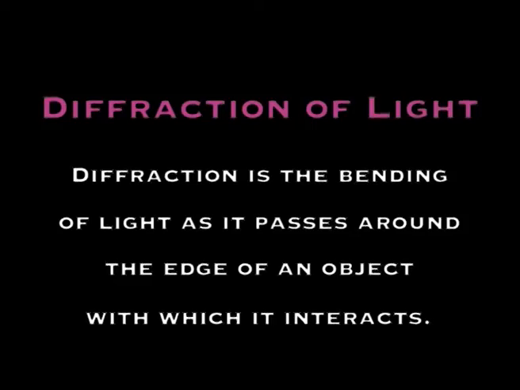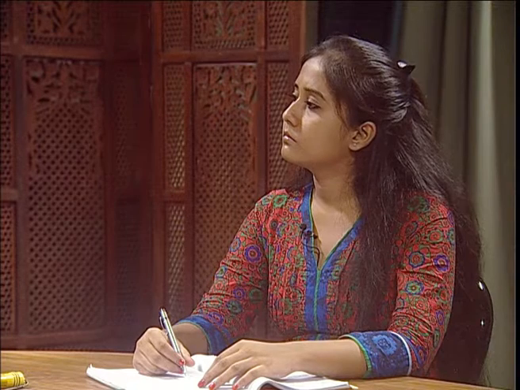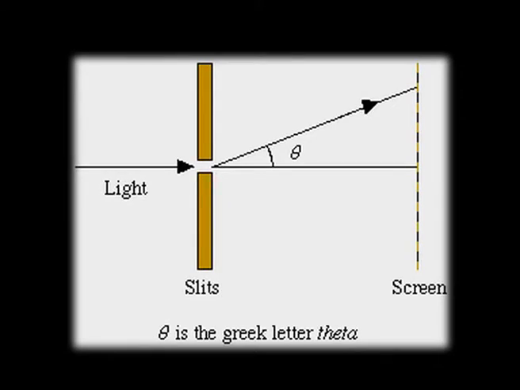Now coming to another phenomenon when light interacts with matter, which is diffraction of light. So what is diffraction? Diffraction is bending of light when it hits an object. Now there's a small criterion which has to be fulfilled for light to be diffracted by that object. The size of the object should be comparable to the wavelength of incident light.